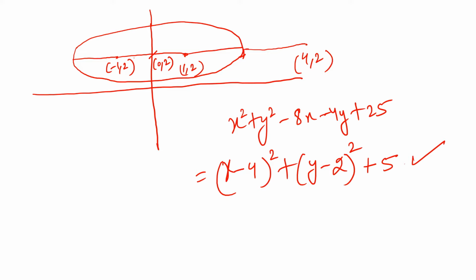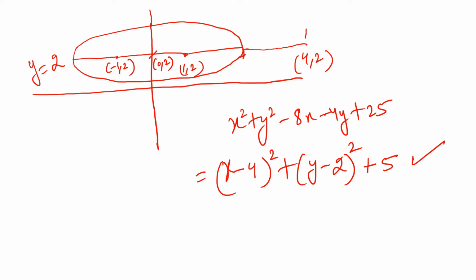Now normal means in this particular case we have to just extend the major axis such that this point (4, 2) will lie on it. Why am I saying it is going to lie on it? Because the equation of the major axis in this case is just y = 2. So (4, 2) will definitely lie on it.